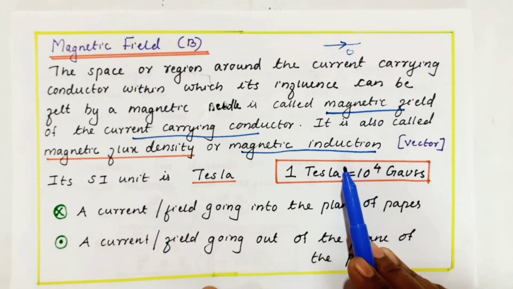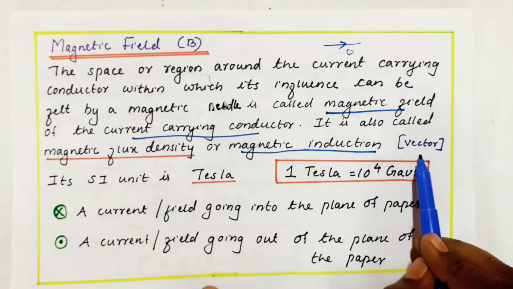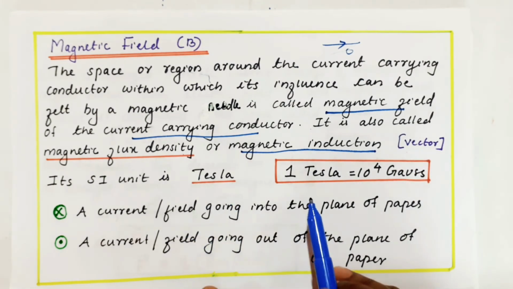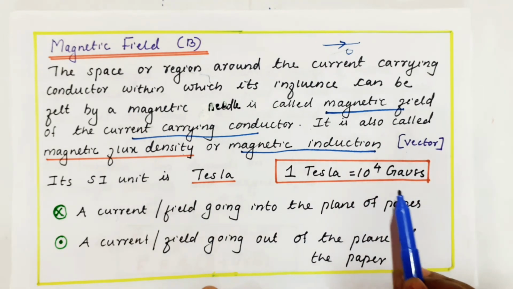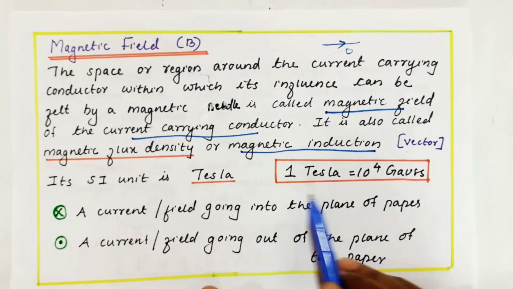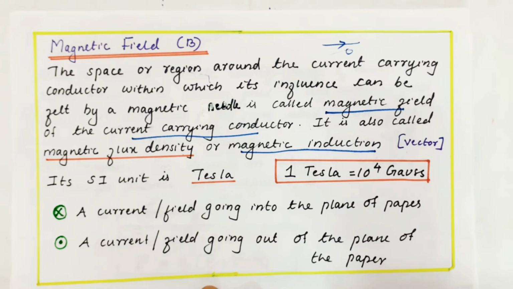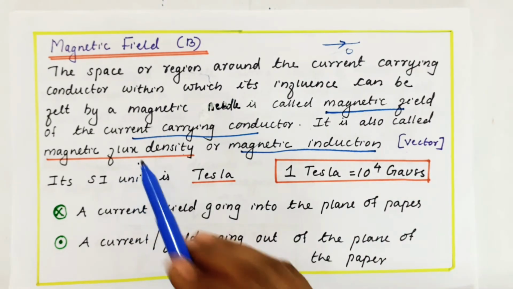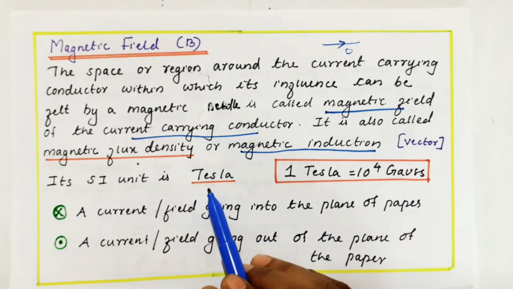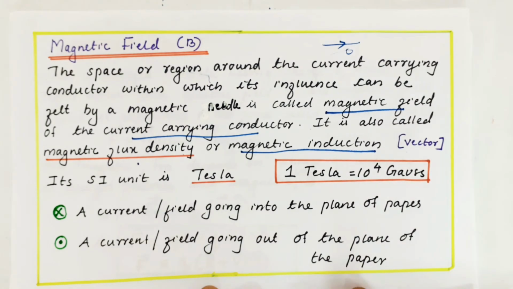The symbol is B. And remember, magnetic field is a vector quantity. Its SI unit is Tesla. 1 Tesla is equal to 10 to the power 4 Gauss.